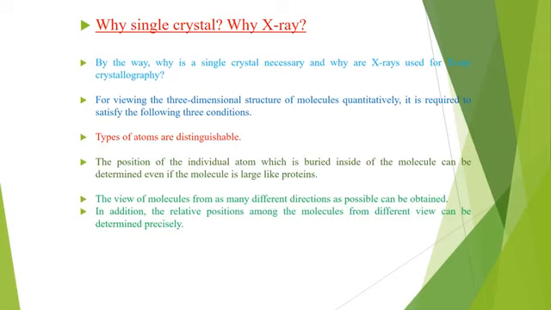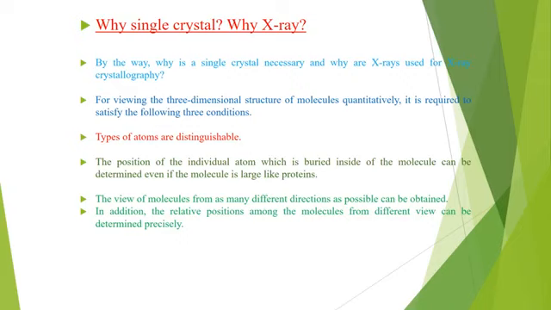Number one, types of atoms are distinguishable. Number two, the position of the individual atom which is buried inside the molecule can be determined even if the molecule is large like protein.